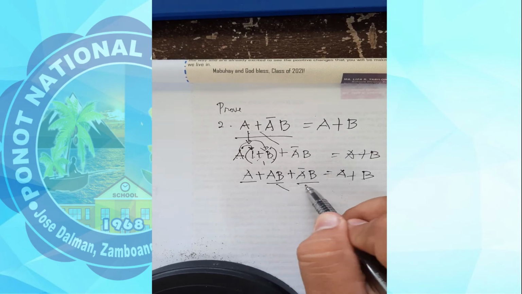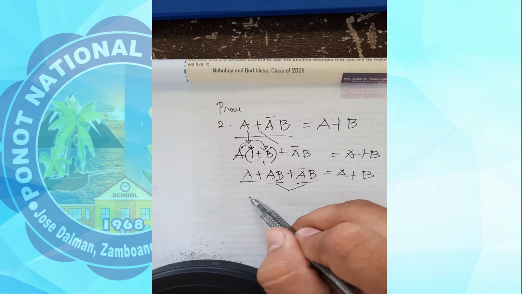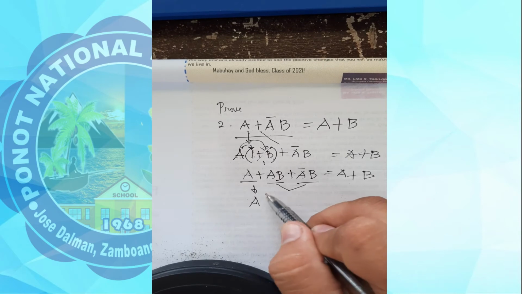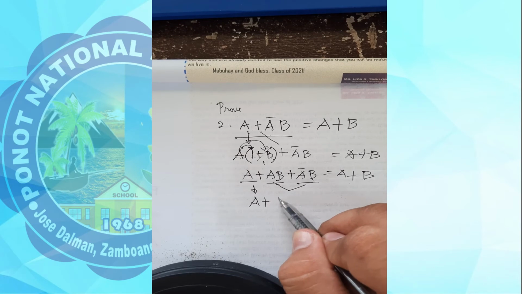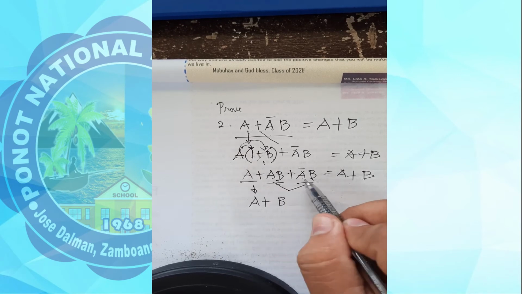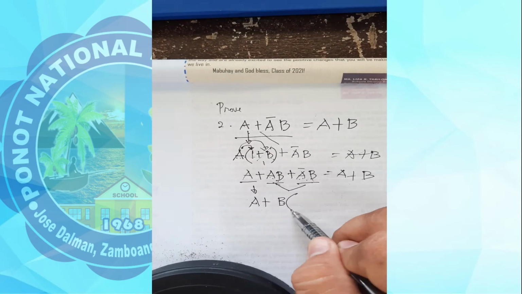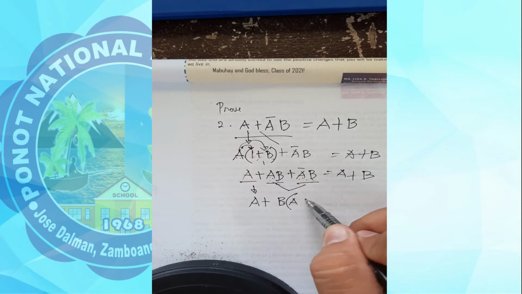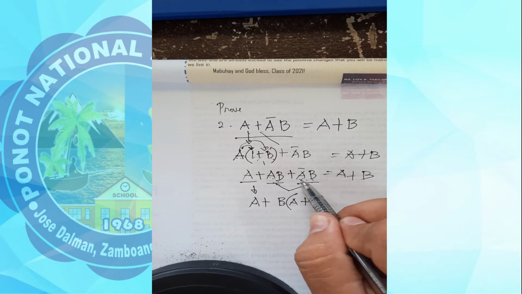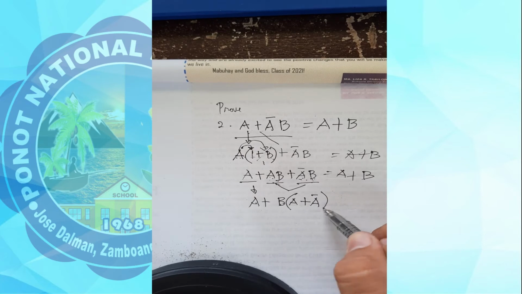Let us try to eliminate A and A bar. For example, A, this one, plus. What is common between these two terms? The common is B, right? B is common, because this one is A, the other is A bar. So the common is B times. In order to get AB, multiply B by A plus. In order to get A bar B, we need to multiply B to A bar. So equal to A plus B.